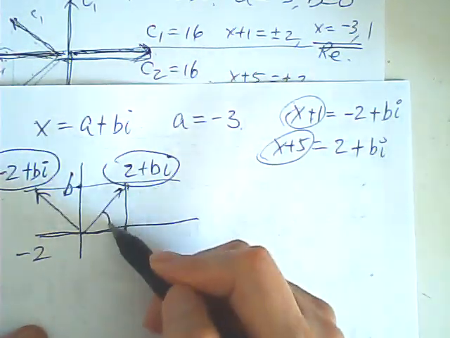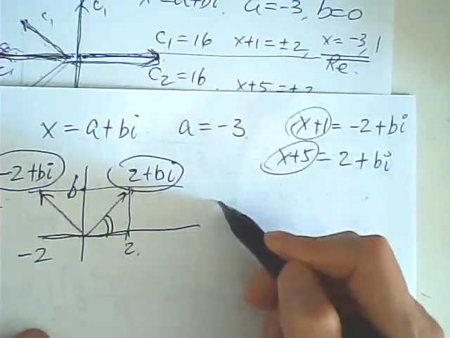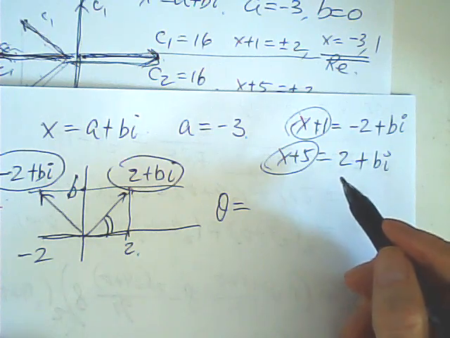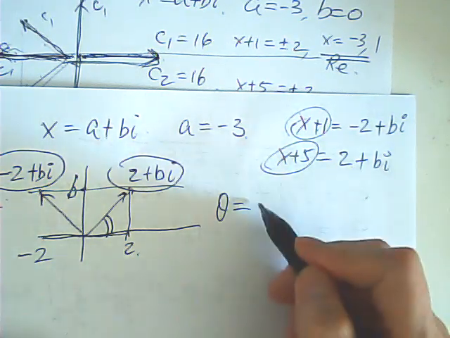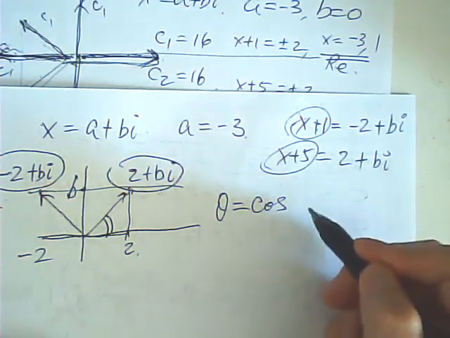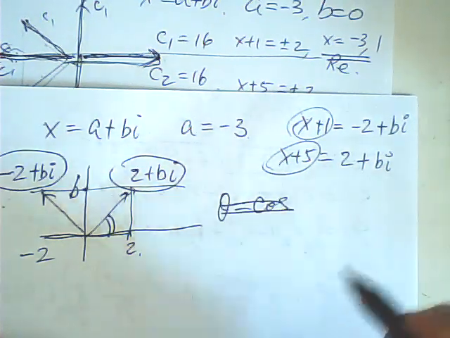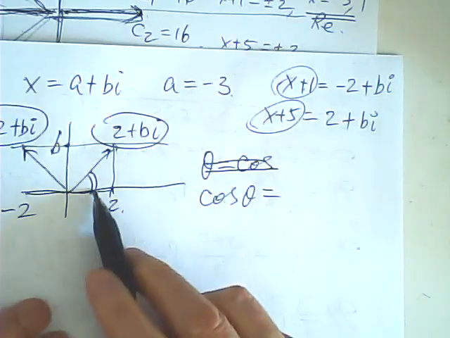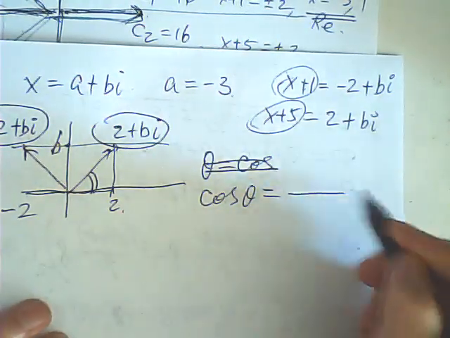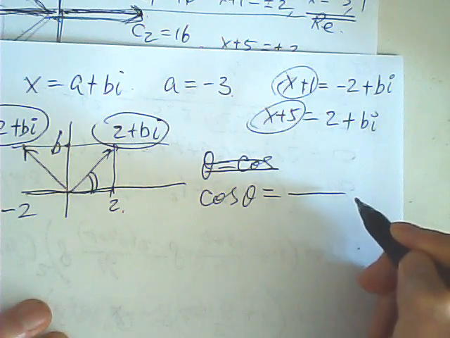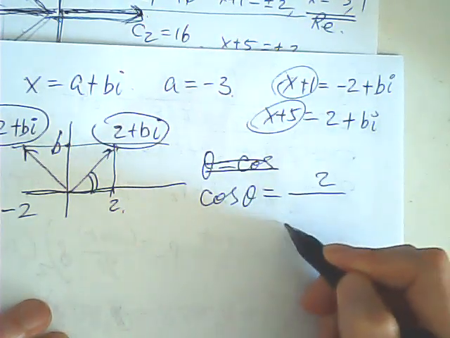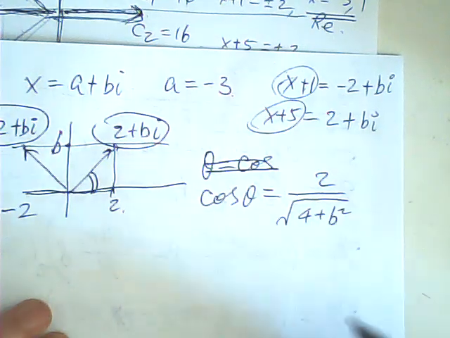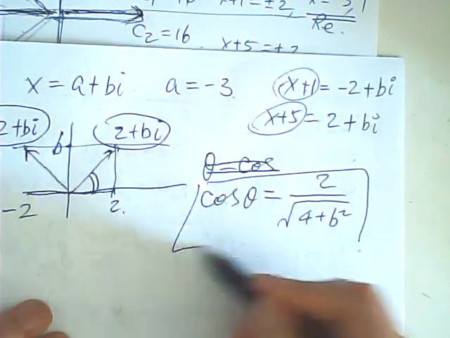Now then the theta is equal to, cosine. No, let me put it this way. Cosine theta, this is better. Cosine theta is equal to 2 over the square root of 4 plus b squared, right? Yeah, that's better.